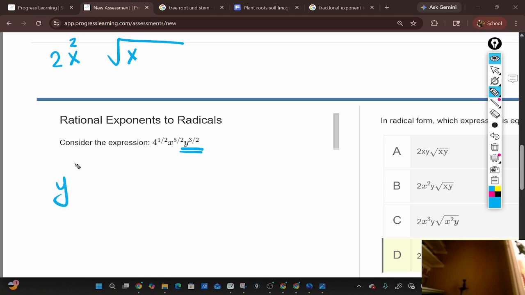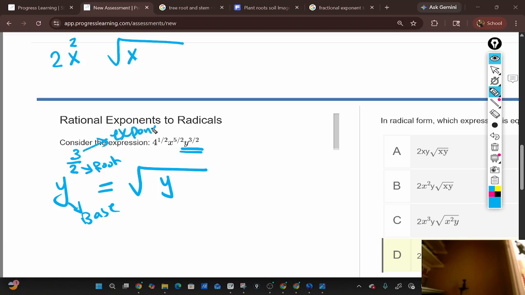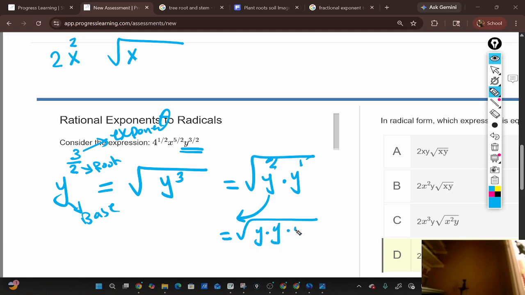So, y to the power 3 over 2. We start with the root. Here is the root and here is the base, so we have the base under the root. The exponent is 3. Now we can take it as y to the power 2 times y. We can see here y to the power 1, but here y to the power 2. y to the power 2 is exactly the same as y times y.